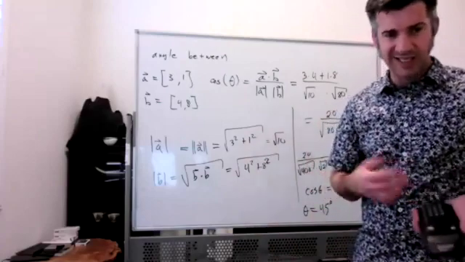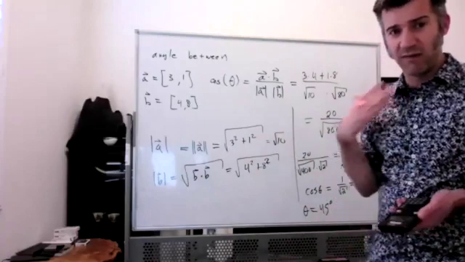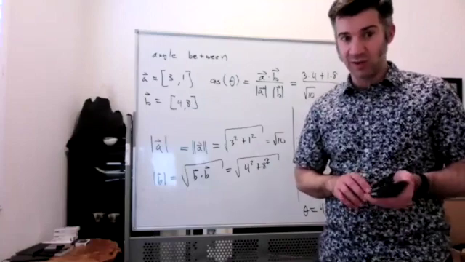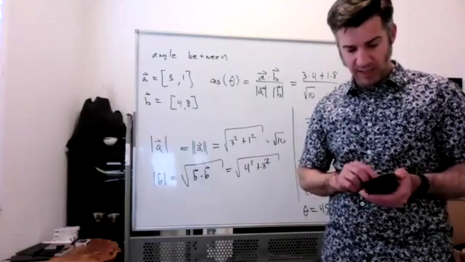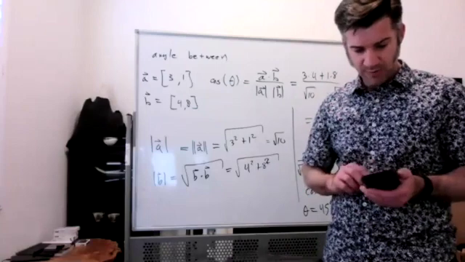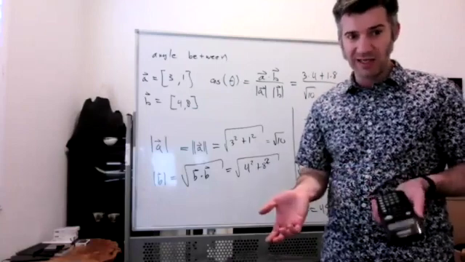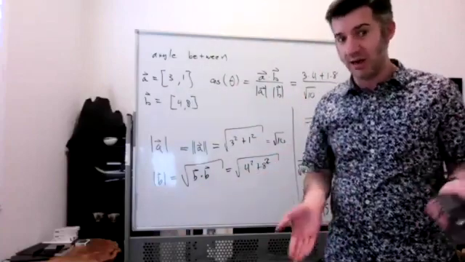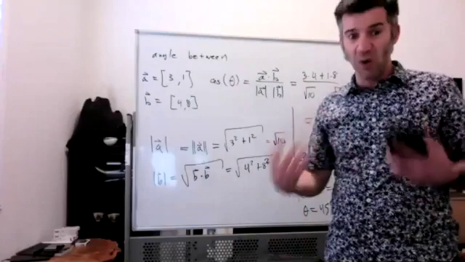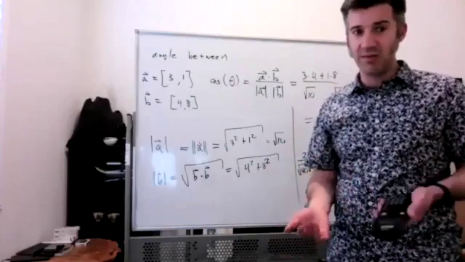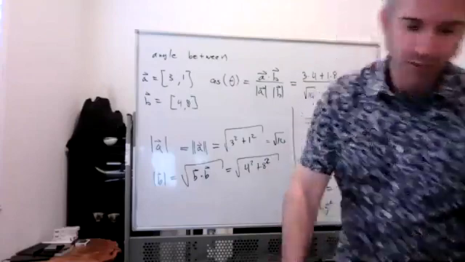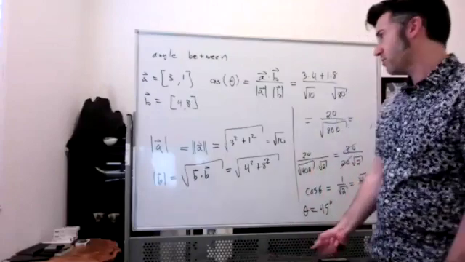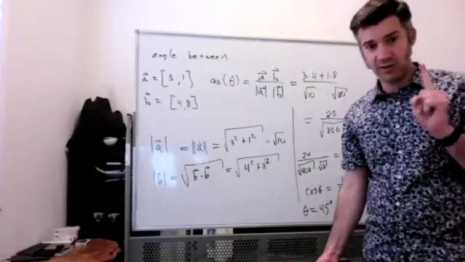That's not a super helpful number; I'm not very good at visualizing how much of an angle that is. But if I change 0.839 radians to degrees by multiplying by 180 degrees divided by pi, I get about 48 degrees, which is a lot more conceptualizable. I think we all have a decent idea of what 48 degrees is, but most of us don't have a good idea of what some decimal number of radians looks like. So when we express the angle between two vectors, we're typically going to write it in degrees. Make sure your calculator is set to degrees.